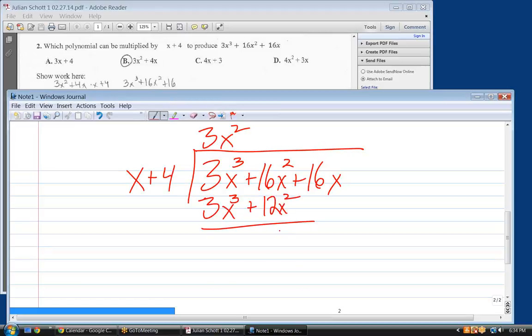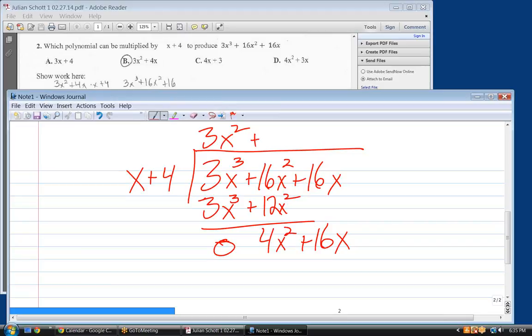Subtract, just like you would with long division. This goes to 0. This is 4x squared. Bring down the 16x and repeat. So what's next?